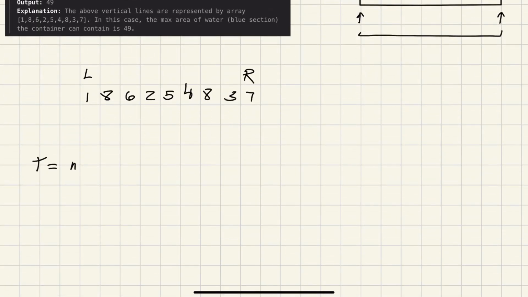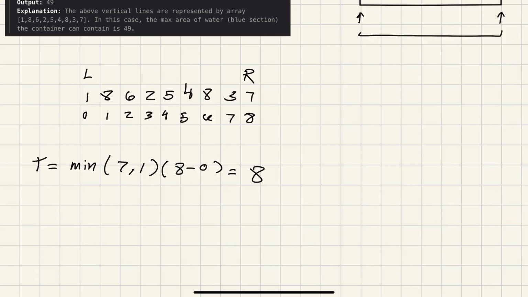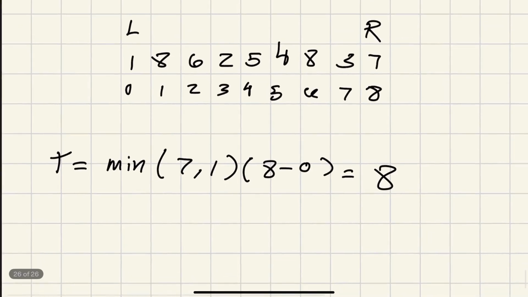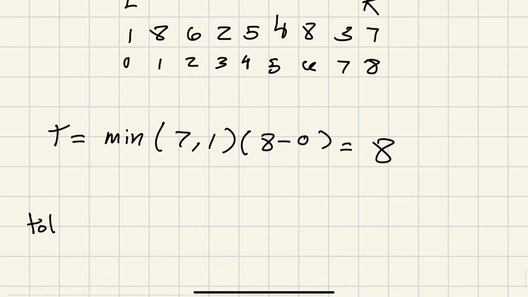Well, this ends up being the minimum between 7 and 1, and you take the difference between their indices, which is 8 minus 0, and this ends up equaling 8. Now here, total is equal to 8, okay, and we store that as the total.